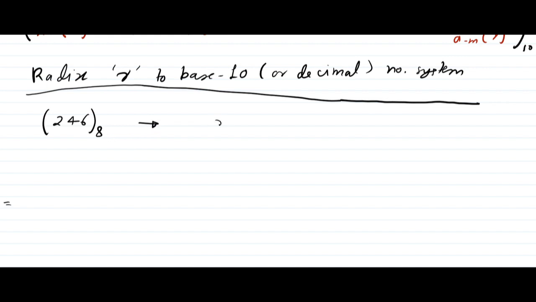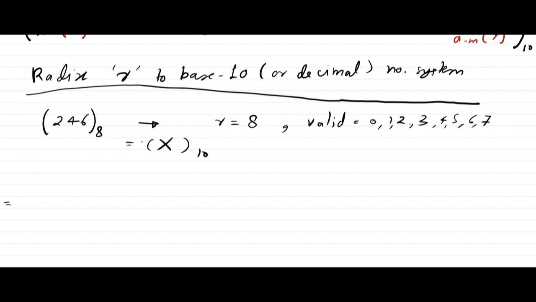The base here is r, here it is 8, so the valid coefficients I can use are 0, 1, up to 7: 0, 1, 2, 3, 4, 5, 6 and 7. So this is a valid number because it is 246, right? I want this 246 in base 8 to be in base 10. What will it be in base 10?